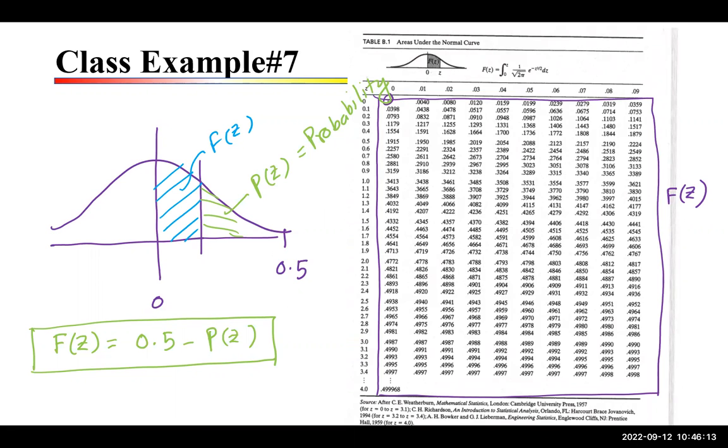We need to understand one more thing. Are you seeing the Z value 0, 0.1, 0.2 till 4 in the vertical direction, and in the horizontal direction 0, 0.01, 0.02, something like that?